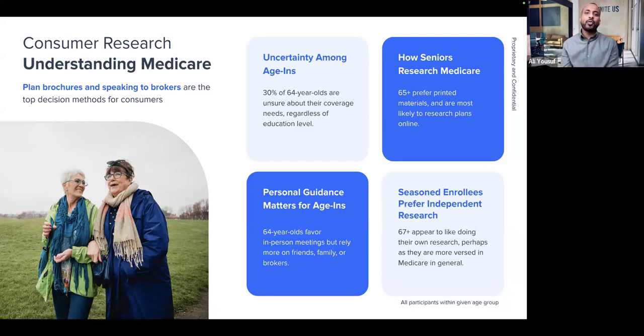Our key takeaway for the older population is that direct mail can be highly effective in a switching campaign. However, for new to Medicare, it might not be as impactful. So for the younger seniors, using seminars and call centers can be a good strategy to really get that personalized touch for them.